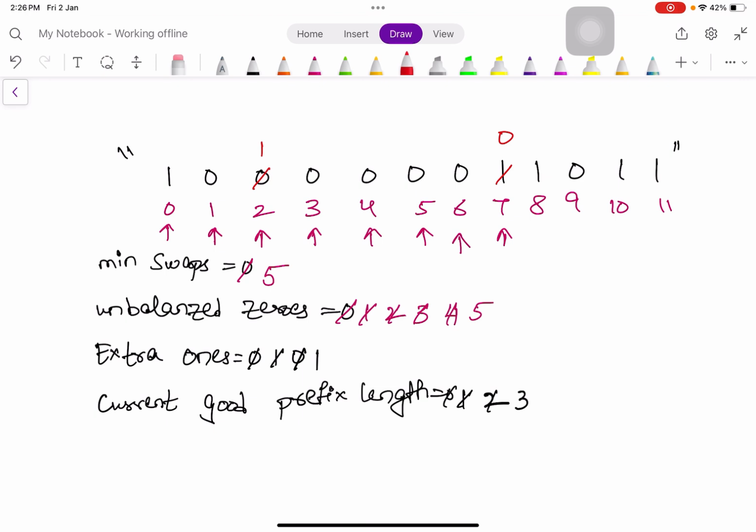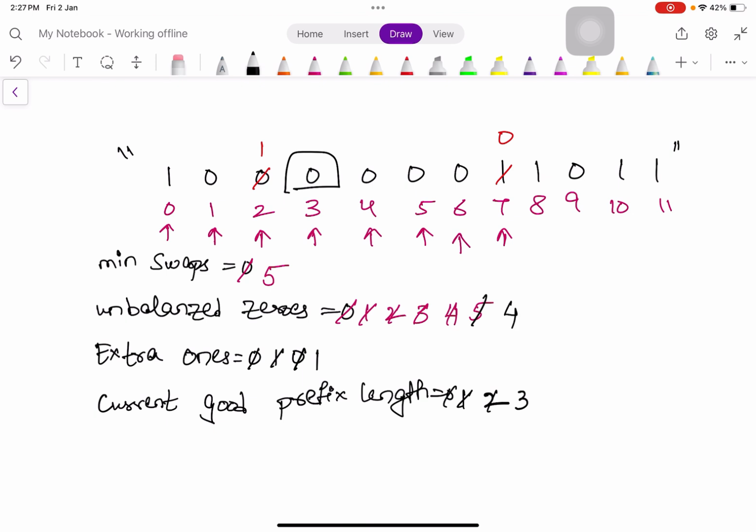Okay. Now, the moment this swap is performed, after that we check. Do we have unbalanced zeros? Yes, 5 unbalanced zeros are there. So this one that got swapped, it actually balanced 1 0. So we'll reduce the number of unbalanced zeros to 4. Okay.